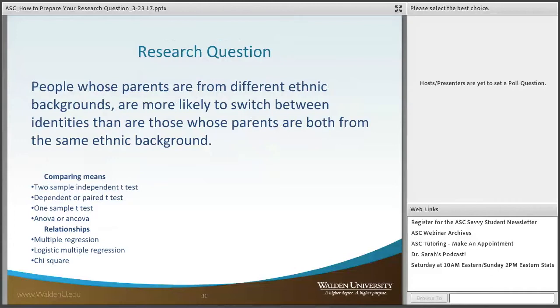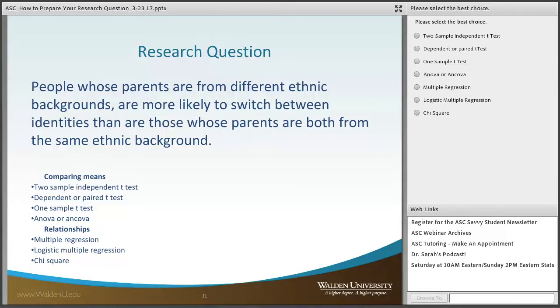Okay, so people whose parents are from different ethnic backgrounds are more likely to switch between identities than are those parents that are both from the same ethnic background. So I've actually put this in here because it's one of those questions that, wow, could I really collect this data? And if so, how would I collect it? Would I follow them around?